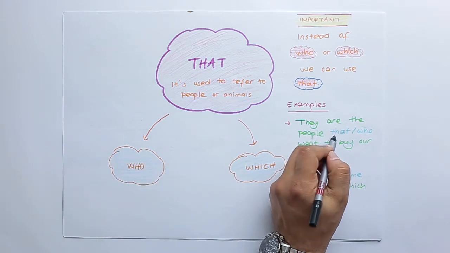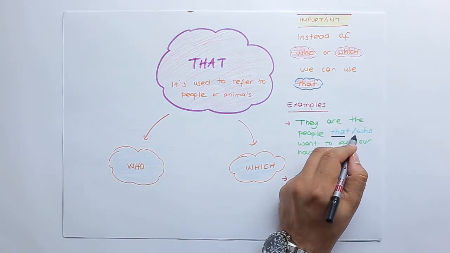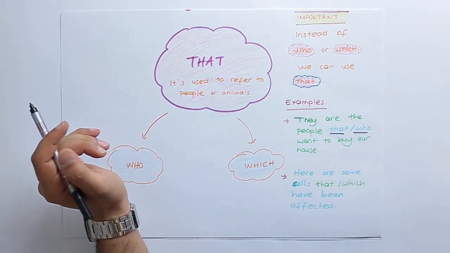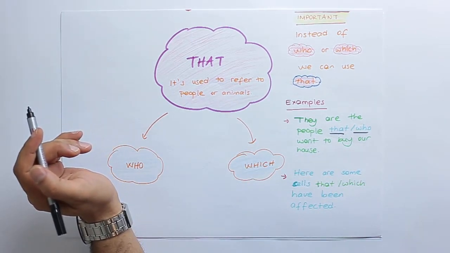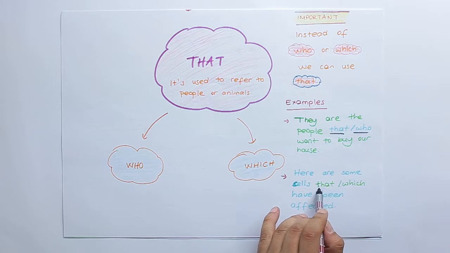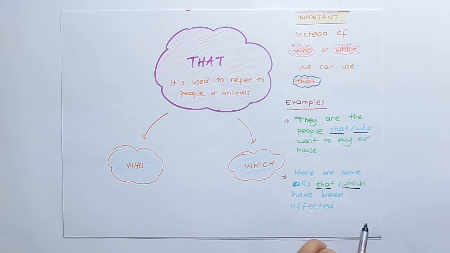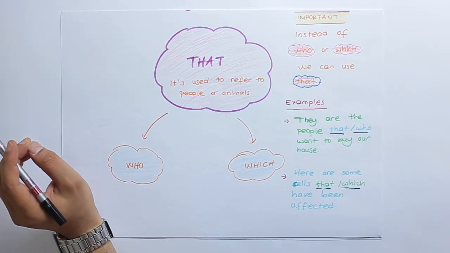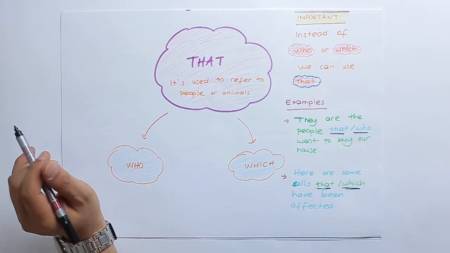You can also use that here. You can also use who here, whichever you want. Here are some cells that have been affected. Here are some cells which have been affected. Okay? These are the relative pronouns. There are two alternatives that you can also use with that and also which.